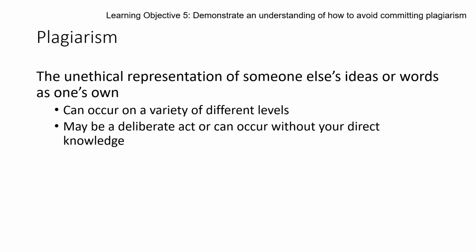It can occur at a variety of different levels, and it may be deliberate, or it can even be happening without your direct knowledge. And if it is occurring without your direct knowledge, then obviously it's not malicious, but by understanding what plagiarism is more, there's less likely of a chance of it occurring this way.